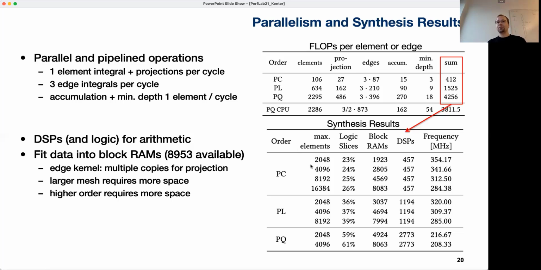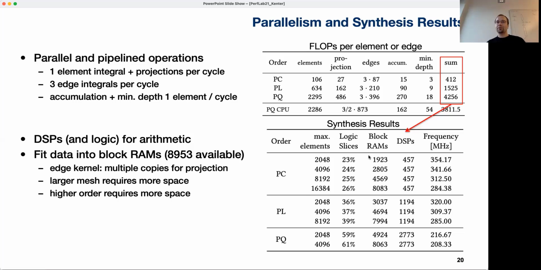And so initially we started with a design that allowed for 2,000 elements, which is sufficient for this benchmark scenario that I introduced earlier. And we saw that only 2,000 out of more than 11,000 block RAMs were used. So we thought, okay, probably we can support also larger meshes here, and basically fitted the maximum number of supported elements until we hit the resource limitation of the block RAMs.